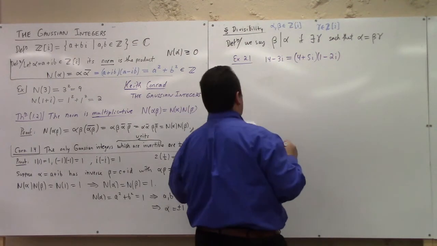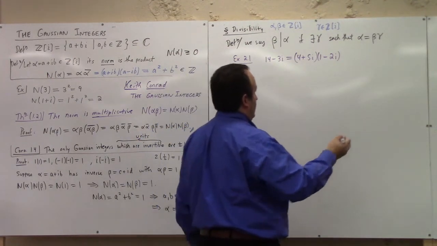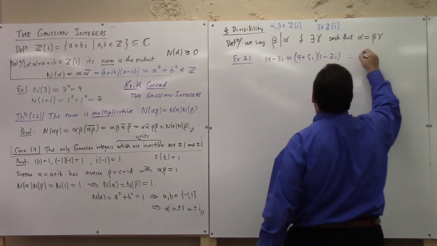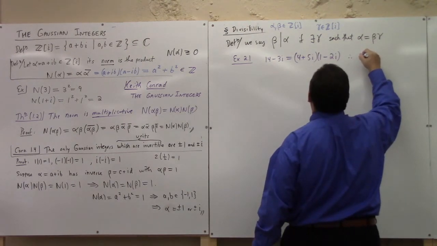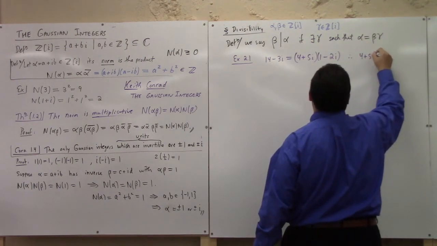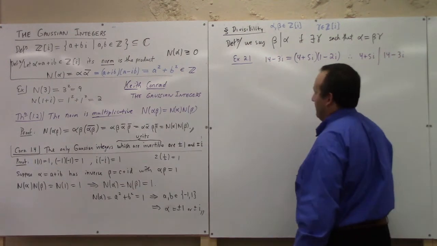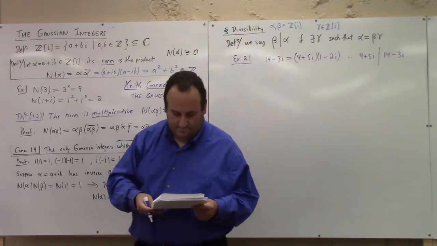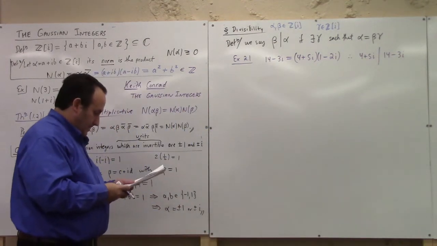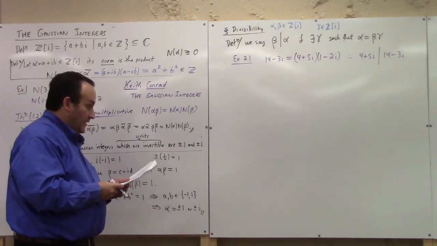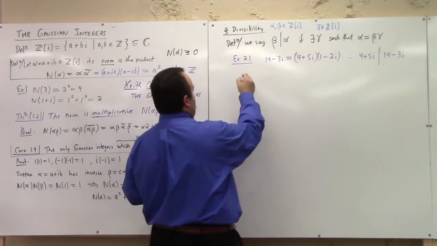So this shows us that 4 plus 5i divides 14 minus 3i.